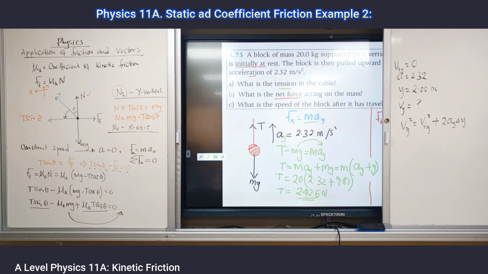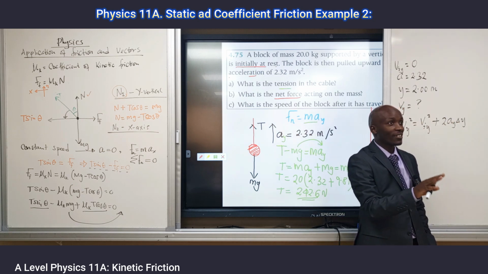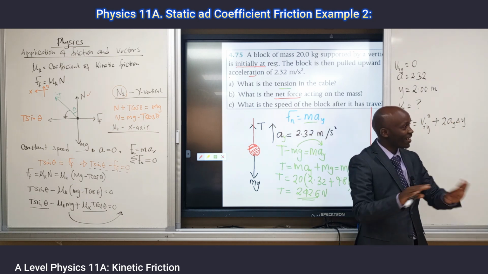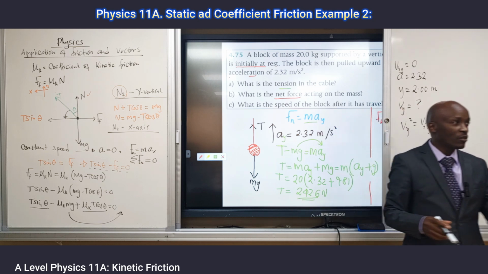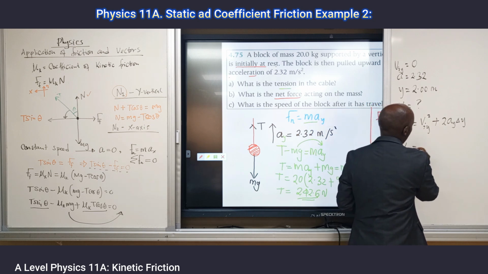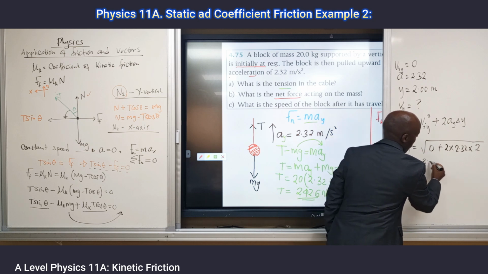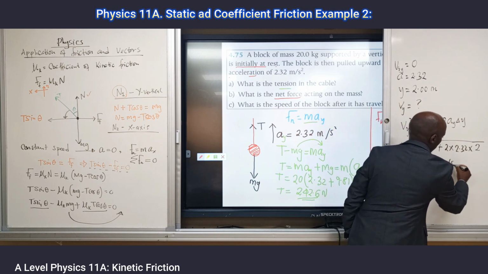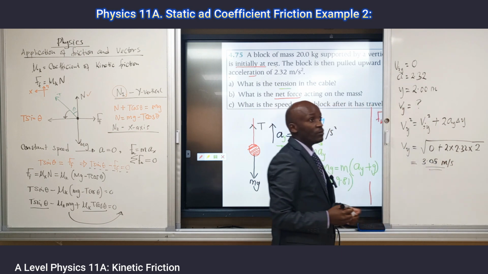It's not free fall. When we are dealing with free fall, that's when we use g. It's not free fall. Okay, you get that? So with that, we say v_y is equal to the square root of that. So what's the answer? 3.05 meters per second. That's it. All right.